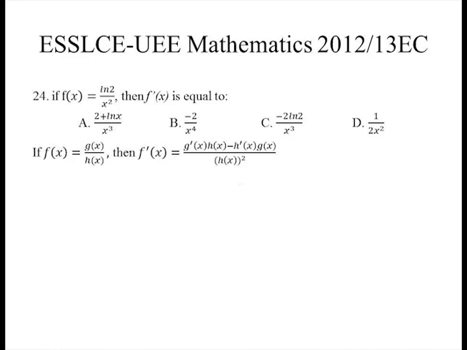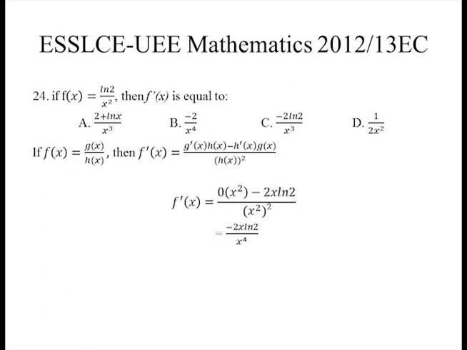In the given expression, g(x) is equal to ln 2 and h(x) is equal to x squared. Thus, f'(x) is equal to the derivative of ln 2, that is 0, times x squared, minus the derivative of x squared, which is 2x, times ln 2, divided by (x squared) to the power of 2. 0 times x squared is 0, minus 2x ln 2 means negative 2x ln 2 divided by x to the power of 4.